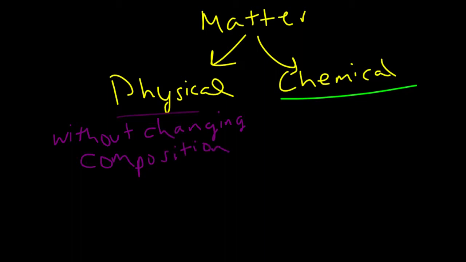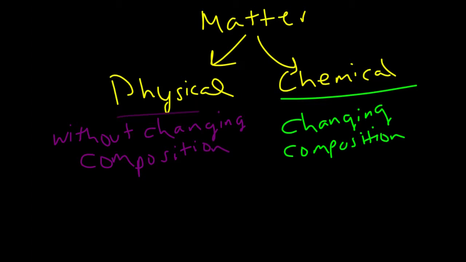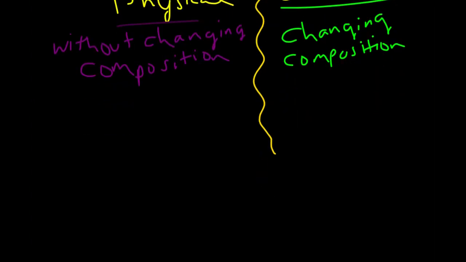Whereas chemical properties are properties that only can be attained by changing the composition. And by that I do mean annihilate, kill by fire, and all that good stuff. So we have changing composition. All right. So we have a pretty broad spectrum right here, and I'll give you fine examples of both.